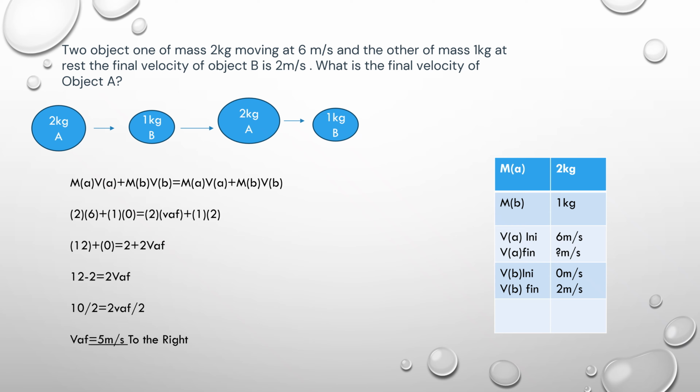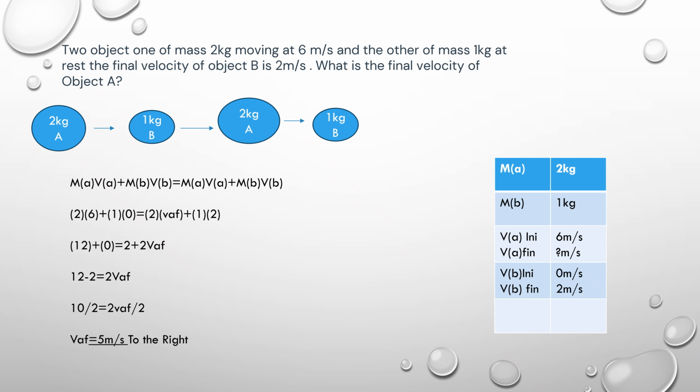Then we're going to say 2 times the final velocity of object A plus 1 times 2. So we're going to have 2 times 2, plus 2 VAF. So we take this 2, which is positive, to the other side.